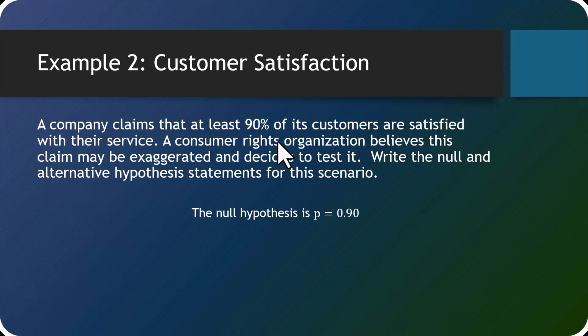But what about our alternative hypothesis? Well, they think that this is too high of a number. It's exaggerated. In other words, they think that probably fewer than 90% of the customers are satisfied. Because making 90% of any group of people happy, that's pretty hard to do. Politicians never manage it. They're lucky if they can get 50%.